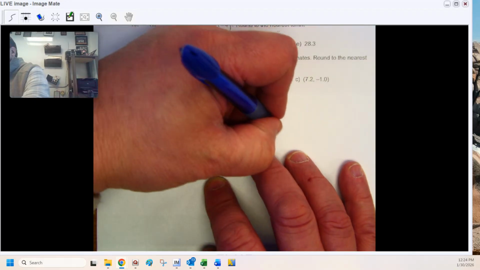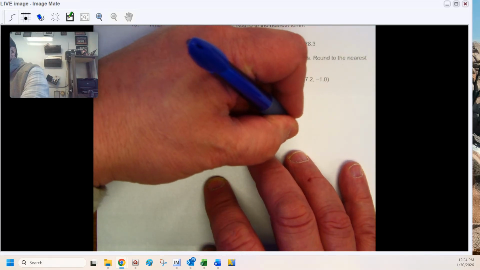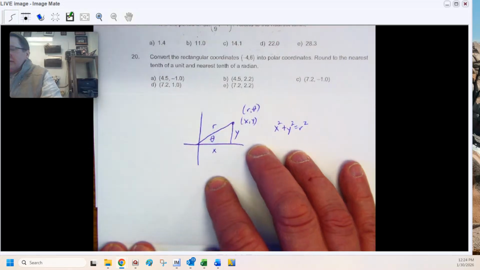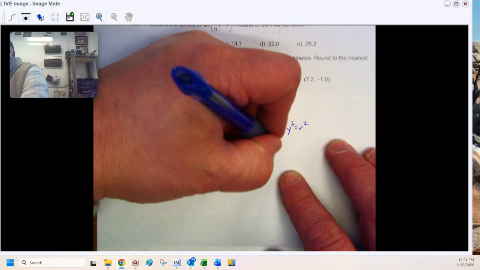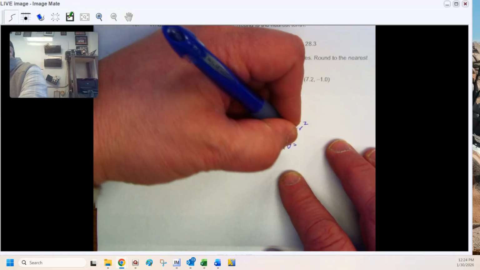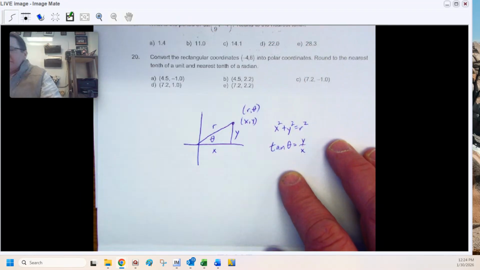And so by the Pythagorean theorem, x squared plus y squared is r squared. And then the tangent of theta is y over x. We've got to be a little bit careful dealing with our calculator on this for tangent inverse reasons, but those equations are totally true.